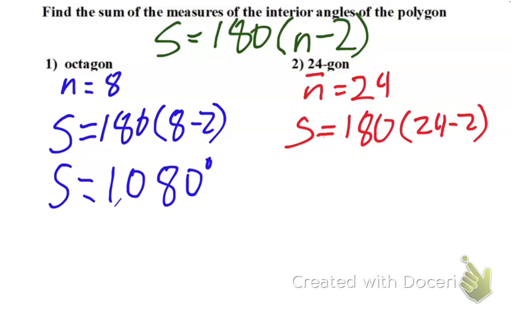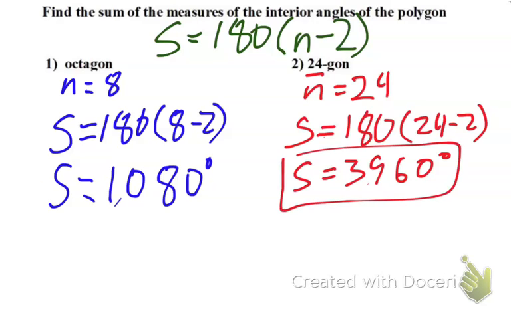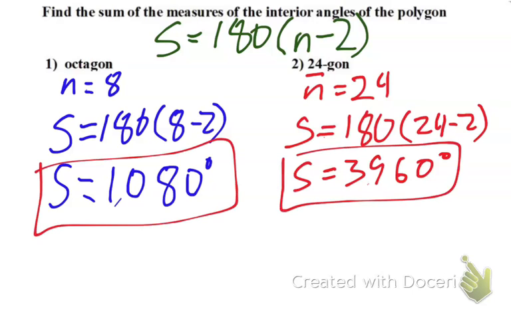All right, so 24 minus 2, that's 22, and you stick it in your calculator, 22 times 180, and you get 3,960 degrees. And there you go. Easy peasy. All right, just plug it into the formula.